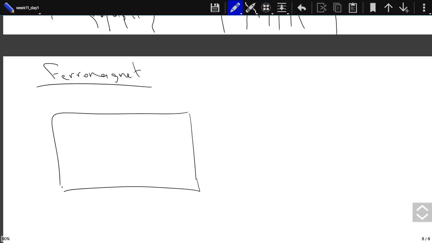So what you end up having, if you put some iron dust on it and look at it in a microscope, is that you will see the iron dust align itself in very small regions. You will see a very small region, somewhere like this, in which the magnetic dipoles will all be aligned in this direction.